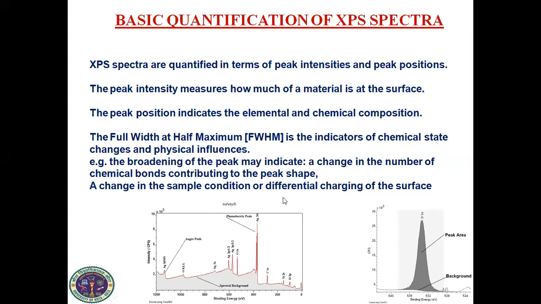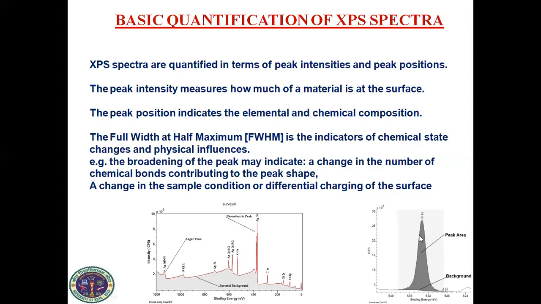The full width at half maximum is also an indicator of chemical state changes and physical influences. This FWHM changes because the broadening of the peak may indicate a change in the number of chemical bonds contributing to the peak shape, a change in the sample condition, or differential charging of the surface.